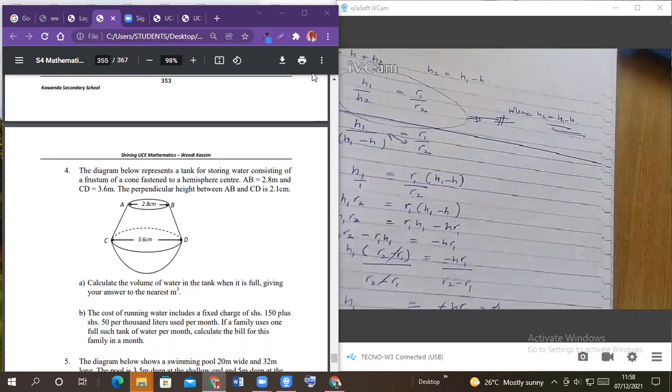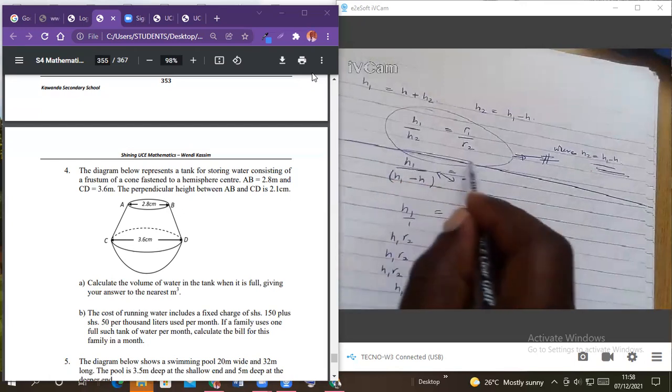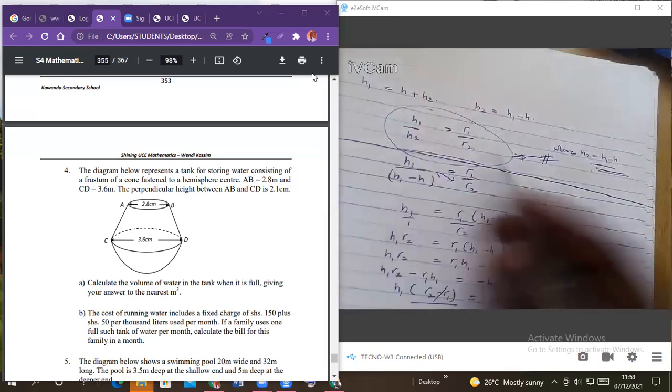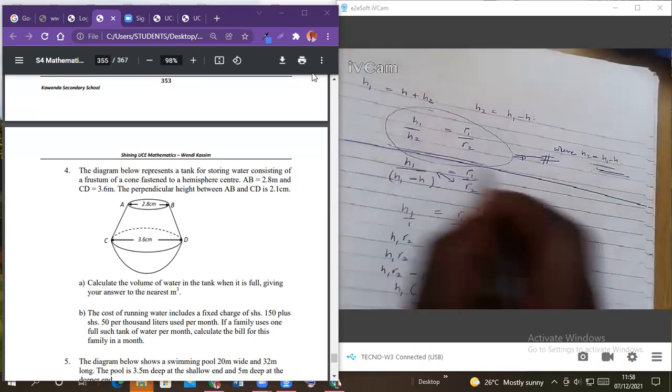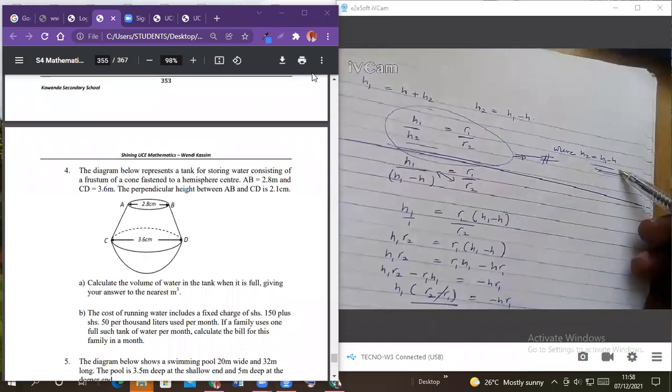I had not understood the last parts of finding the value of H1. My network had gone off. Have you understood up to this part? Yes, just up there. That's enough. You can leave this part here. If you have understood this, where H2 is equal to this, that's enough.